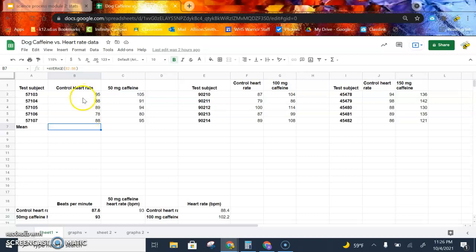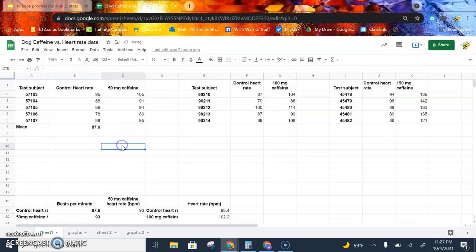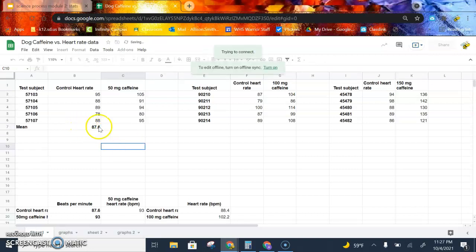So I had 1, 2, 3, 4, 5 data points, 5 different dogs that I tested. So I need to take that 438 divided by 5, and what I end up with as my mean is 87.6 beats per minute, the average for my control heart rate here.